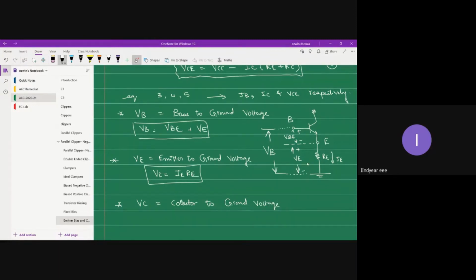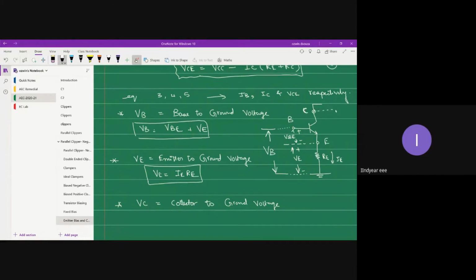So for collector to ground voltage, you can measure it from the collector terminal till the ground terminal. So this is your collector terminal.